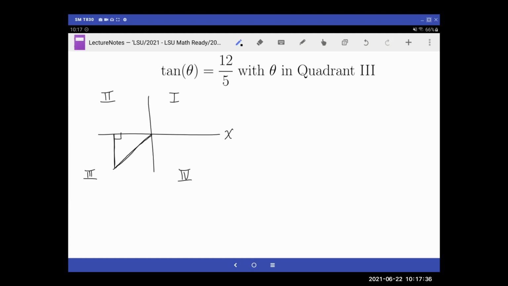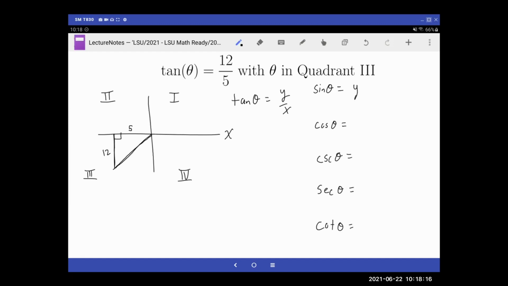All right, and so we know that tangent is 12 over 5. We also know, if we think back, that tangent is y over x. So we're given a y value and an x value. We're given the y value to be 12 and the x value to be 5. Okay, and so to find sine, cosine, you have to remember, of course, what all these mean.